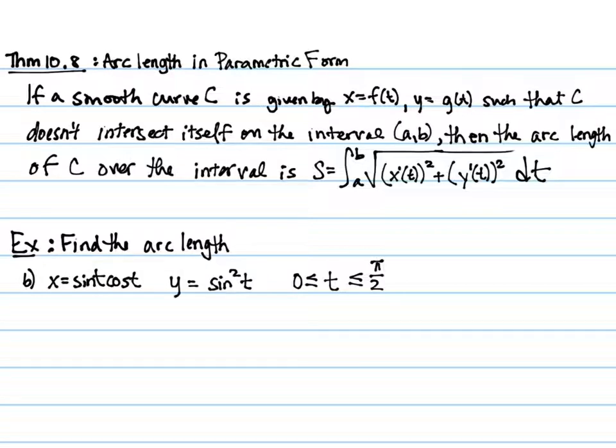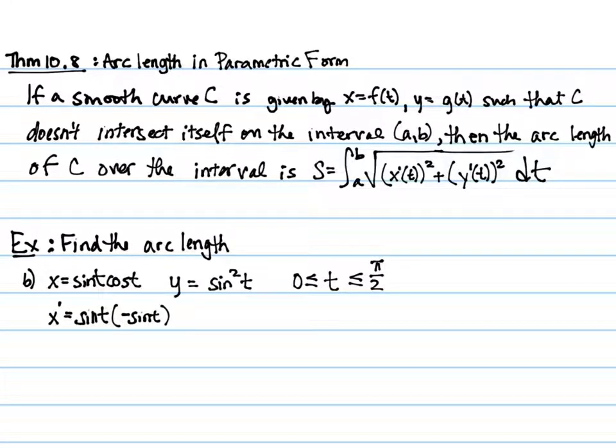What does it say I need to do once I'm given x and y? Yeah, I need derivatives, right? And if you take a look at each one of these derivatives, they're not quite as simple as some of the other ones we've been doing. So I have sine t, cosine t. What do I have to do in order to find the derivative of that one? Yeah, it's a product rule. So we have x prime. I'm going to leave the first one the same and take the derivative of the second. Derivative of cosine is negative sine.